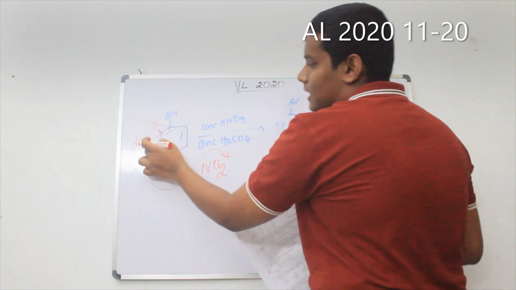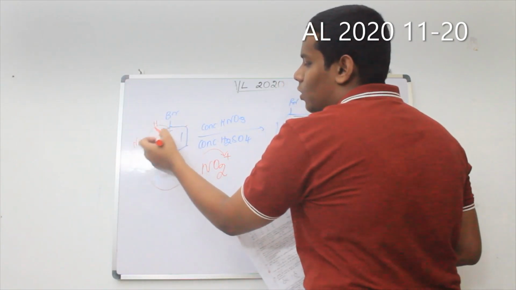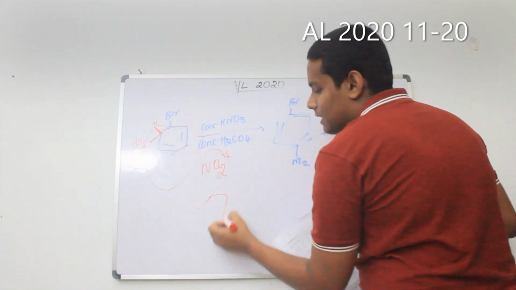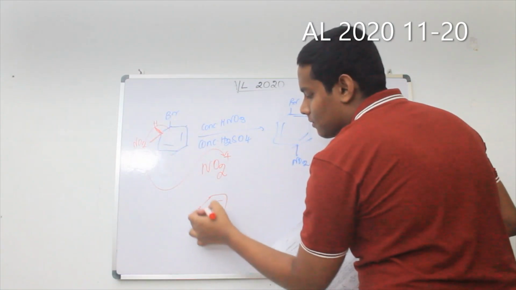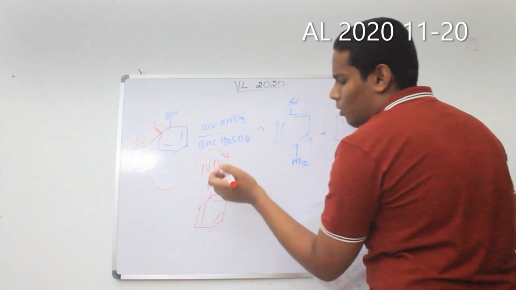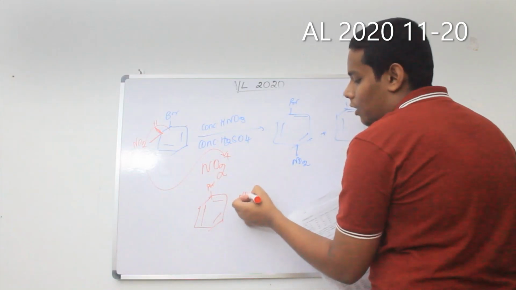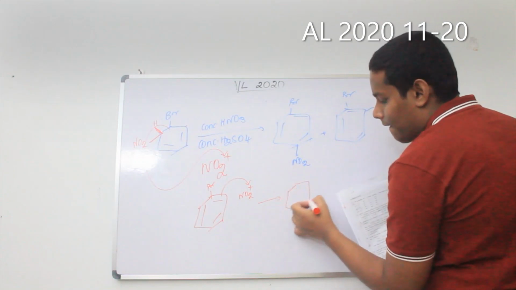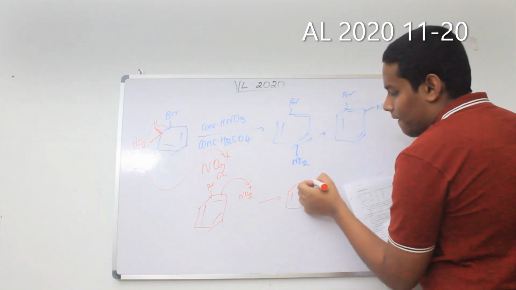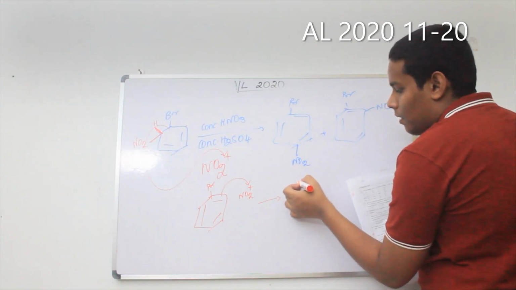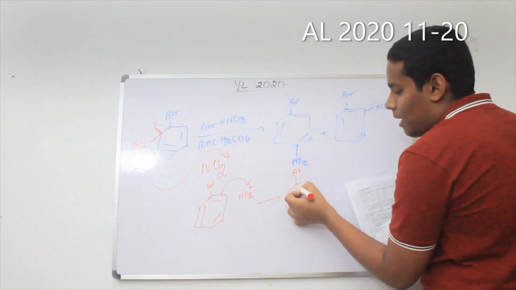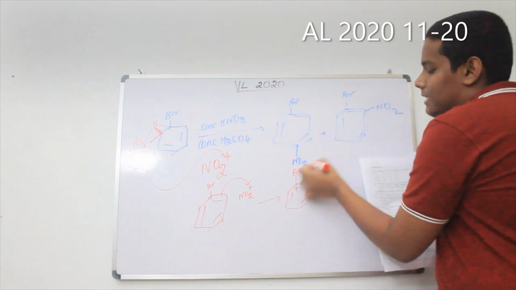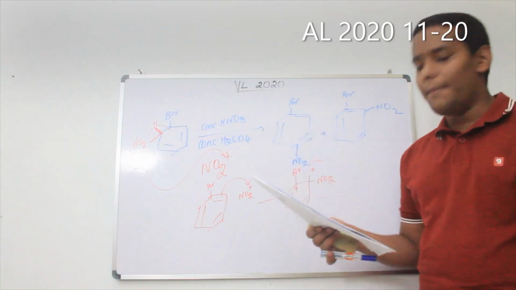Both H and NO2 will cleave the bond like this. Now this is just bromine, don't even worry about it. NO2 plus, here this carbon will become plus, and this will become H and NO2. So H and NO2 should be attached to the same carbon.